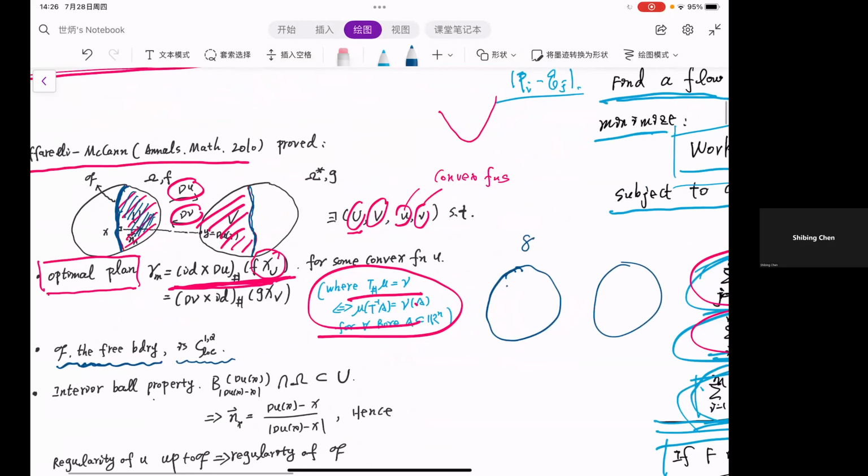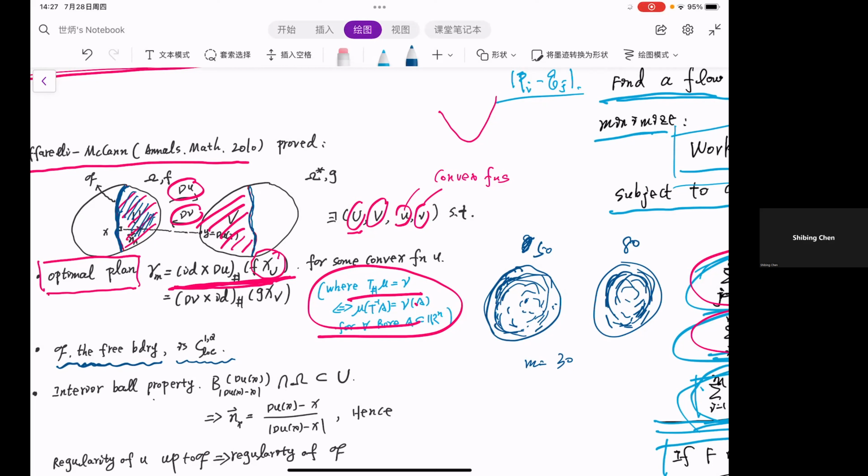Why will it not happen that you evenly choose 30 mass in the entire domain? Basically, it means at some point part of the mass is not used and part is used. Similarly, in the target domain, you also choose the 30 mass evenly in the entire domain. Then in this picture, you see there would be no free boundary.